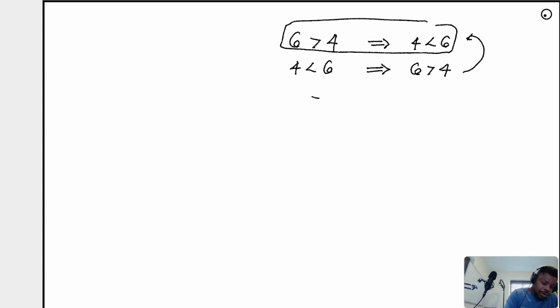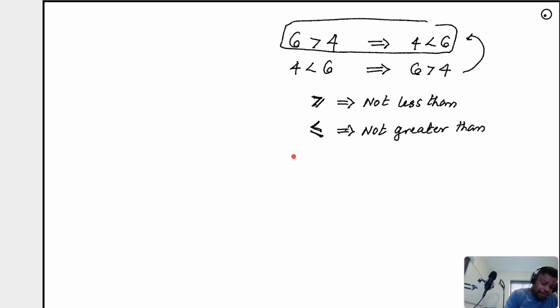Now, you recall, this sign means greater or equal to, and this means less or equal to. Greater or equal to simply means not less than. Less or equal to simply means not greater than.